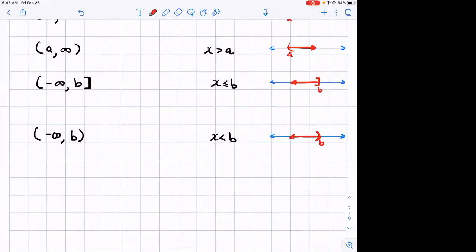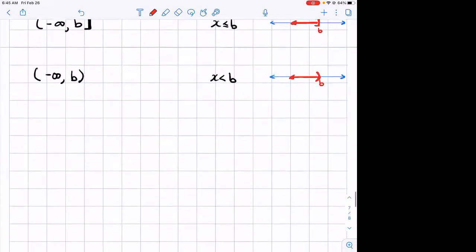And then the final one we can think about is what happens if we have to read the entire line from minus infinity to positive infinity. And this is the entire line. So now we have X is less than infinity, but greater than negative infinity.